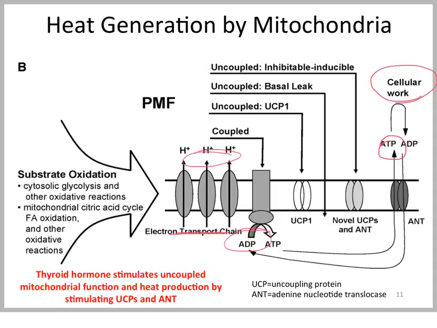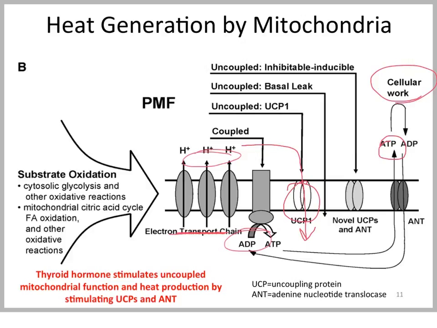And then there's the reaction that's associated with an uncoupled situation where the hydrogen ions basically are allowed to leak through, and this energy that's been generated is wasted, if you will, and forms the non-shivering thermogenesis through that inefficiency.